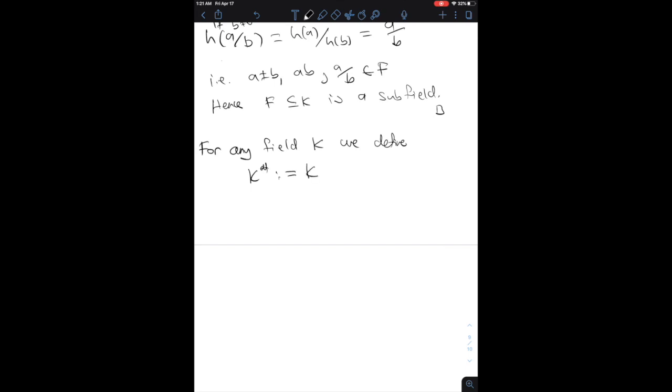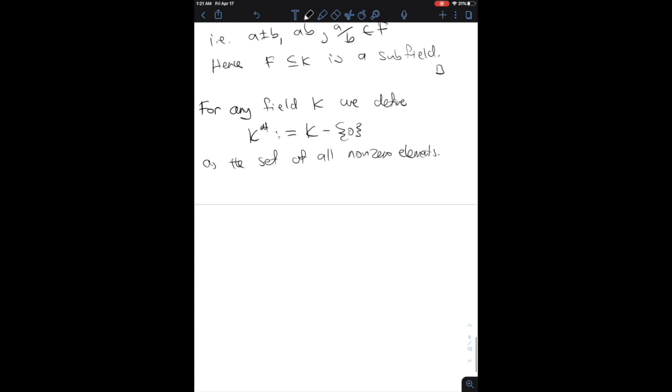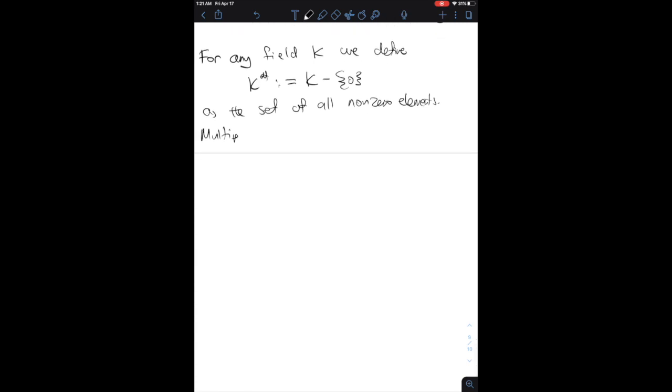So for any field K, we define K star as the set of all non-zero elements, and notice that multiplication makes this set K star into a group because all elements in K star, these are all non-zero elements in the field, are invertible, right?